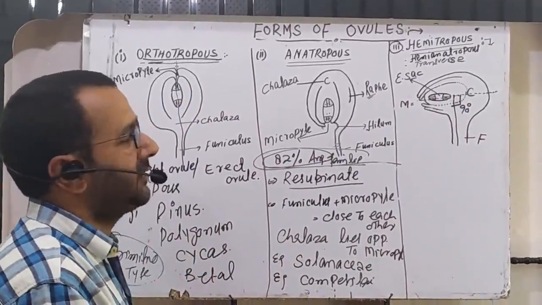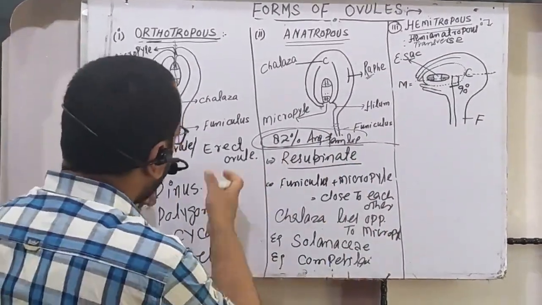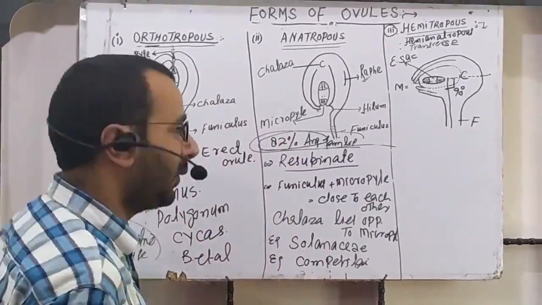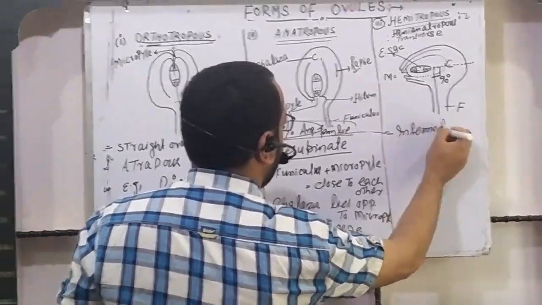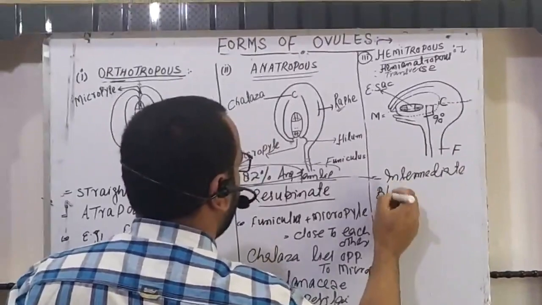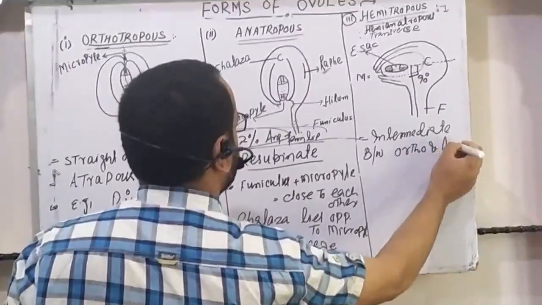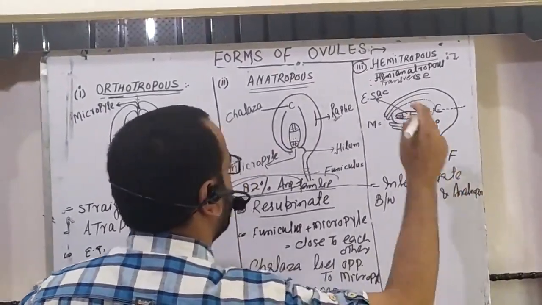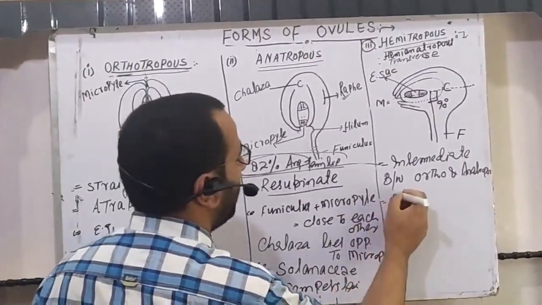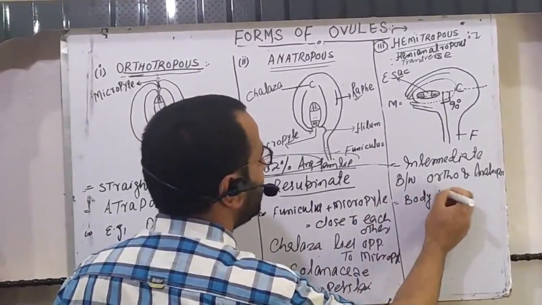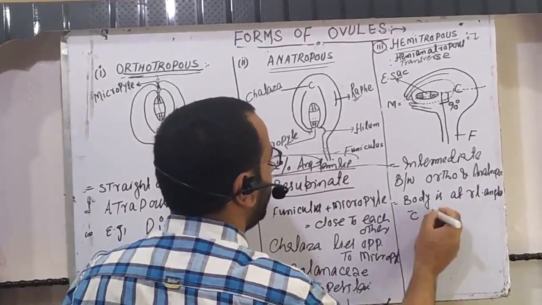This type of ovule is termed hemitropous ovule. So what is hemitropous ovule? It is intermediate between these two ovules. Intermediate between whom? Between orthotropous and anatropous ovules. Number second, you can see the body of the ovule is at right angles with funiculus.